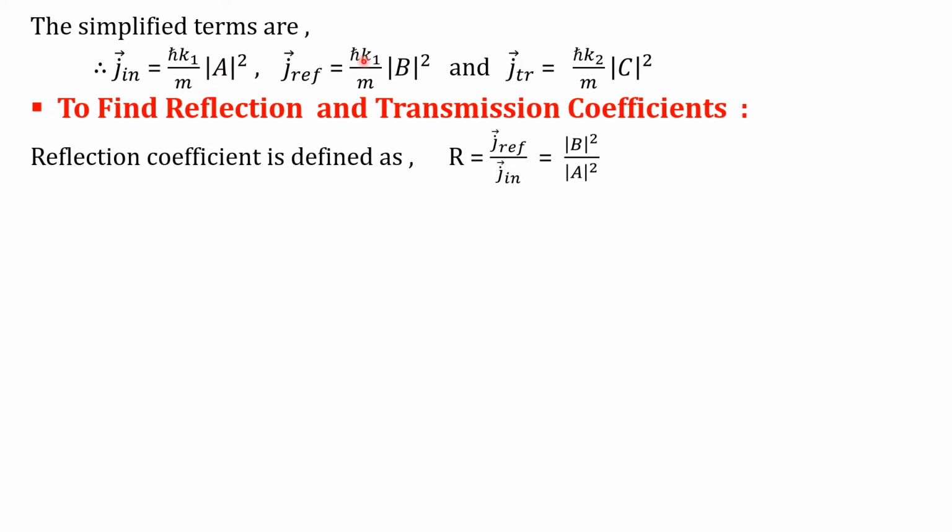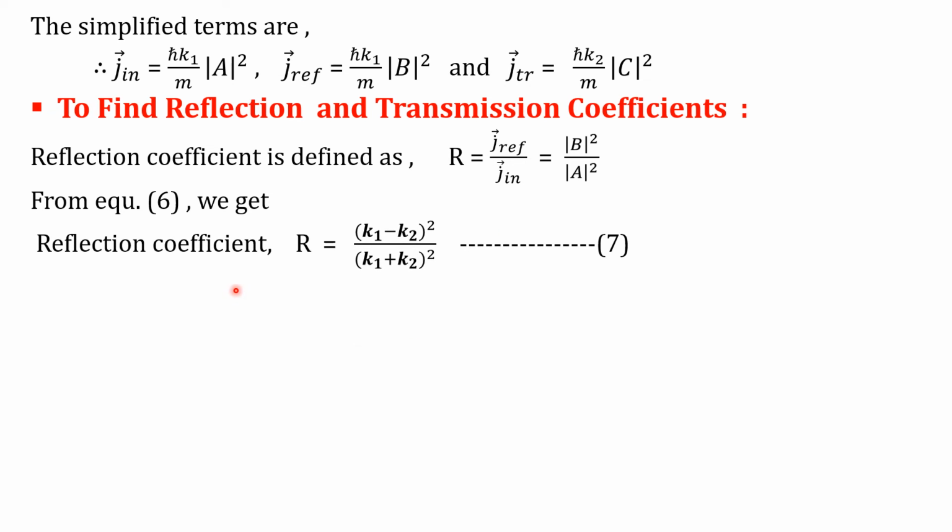If we take the ratio of these two equations, we get modulus of B square divided by modulus of A square. Similarly, that value we find from equation 6, since constant B we found earlier in terms of A. We take the ratio B by A and we get the reflection coefficient R equal to B by A into B by A.